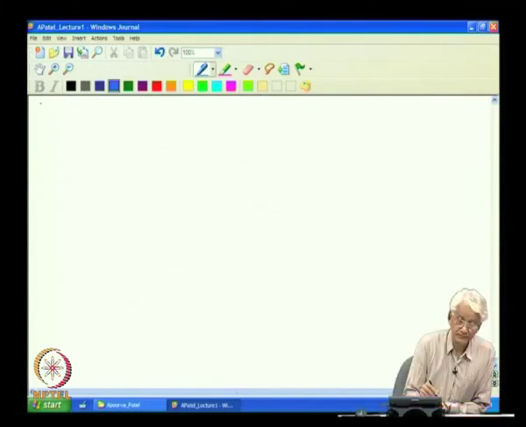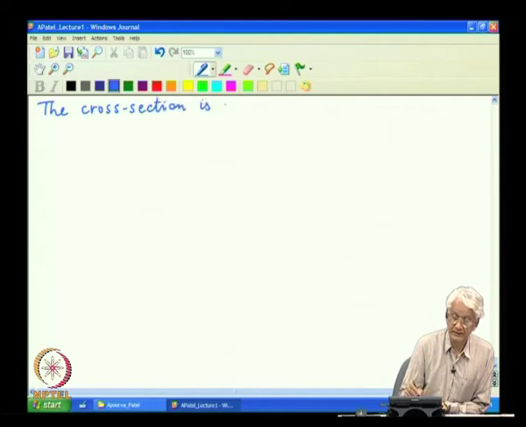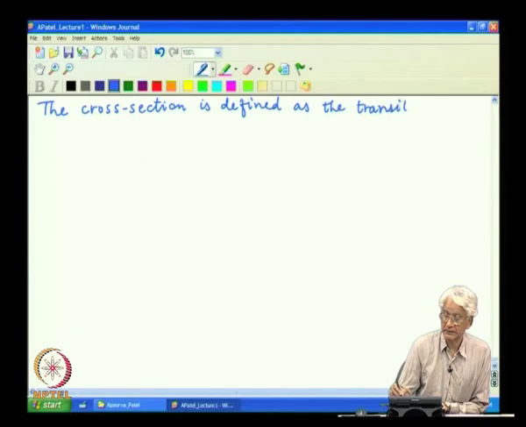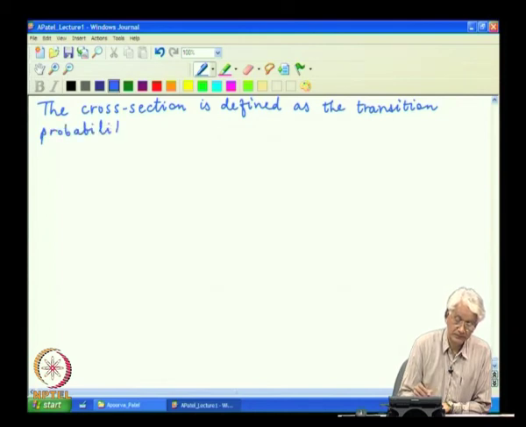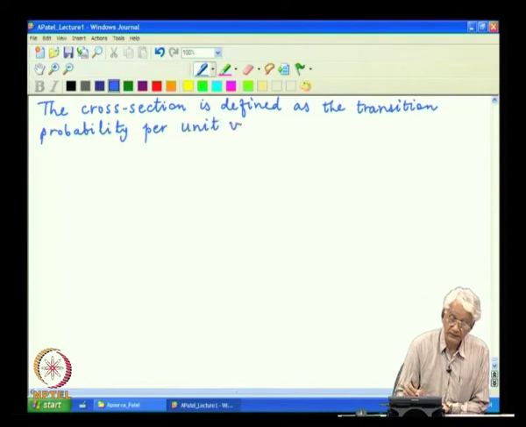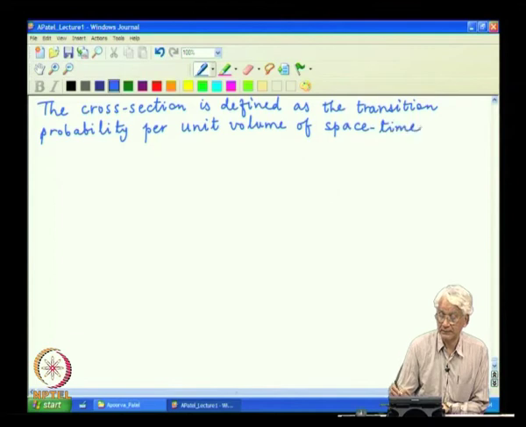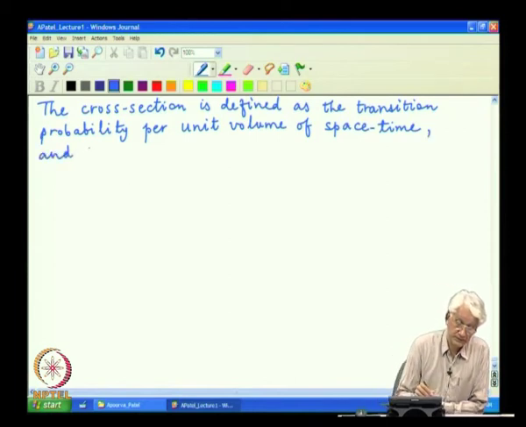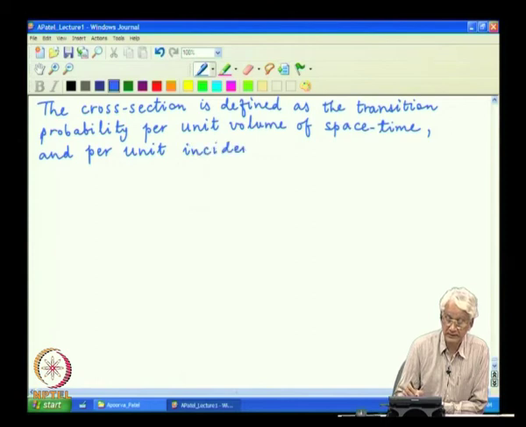So, the cross section is defined as the transition probability per unit volume of space time, because we are dealing with plane wave normalization for initial and final state, and also per unit incident flux.